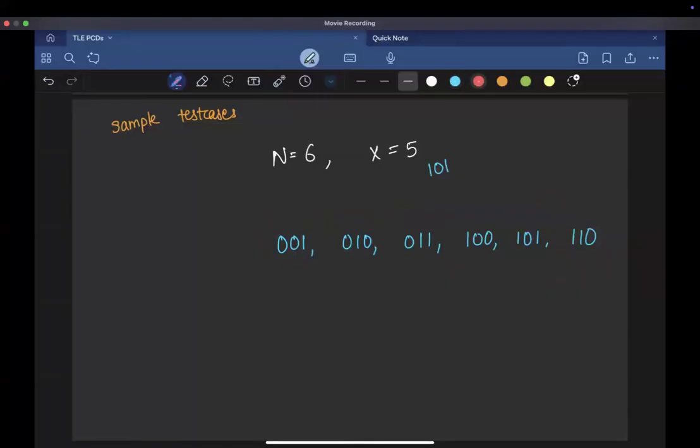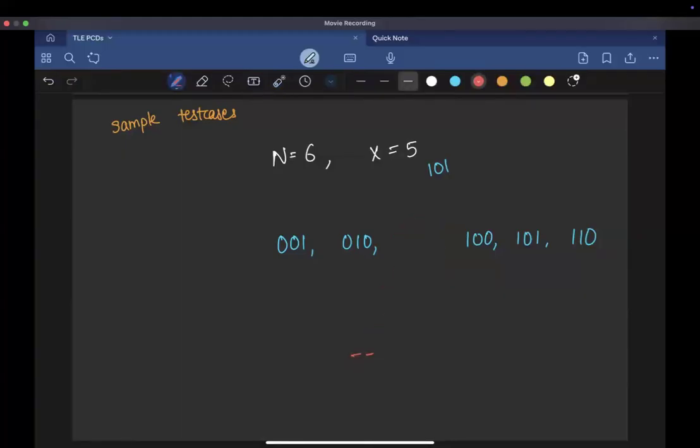One thing I noticed right away as soon as I wrote this is that for any number which has the middle bit set, which is not set in x, if this bit is set and you do its bitwise OR with any number, then whatever number you form, this bit will still remain set in the end number.